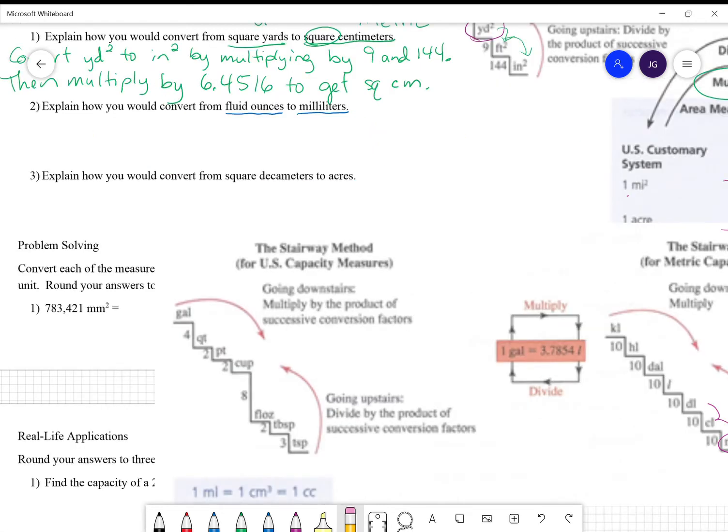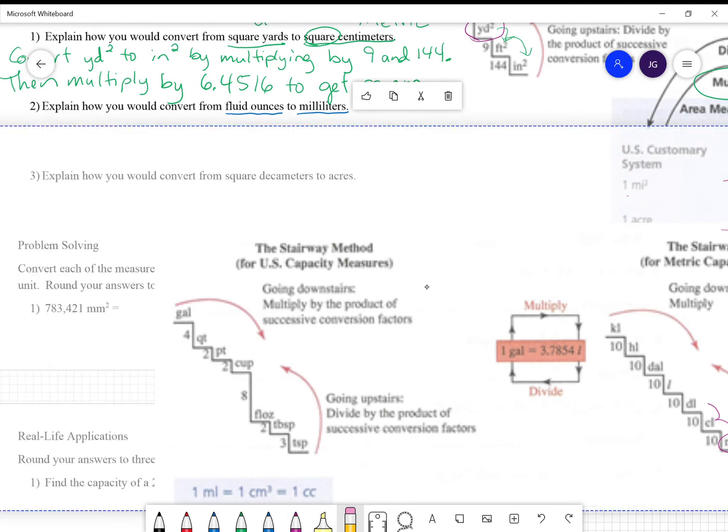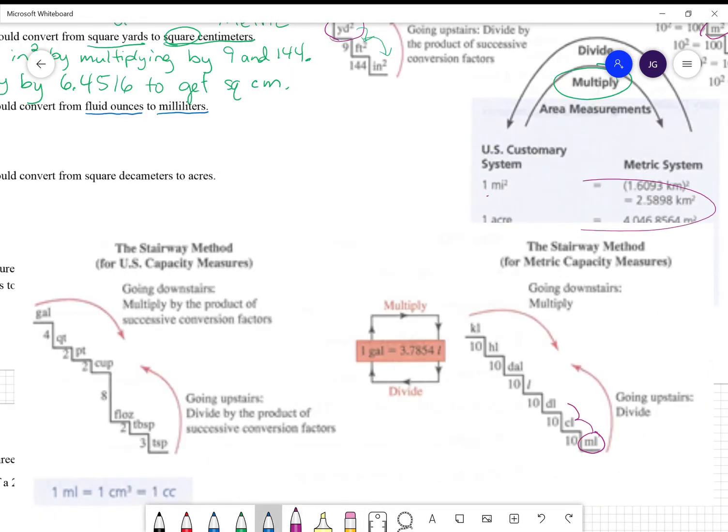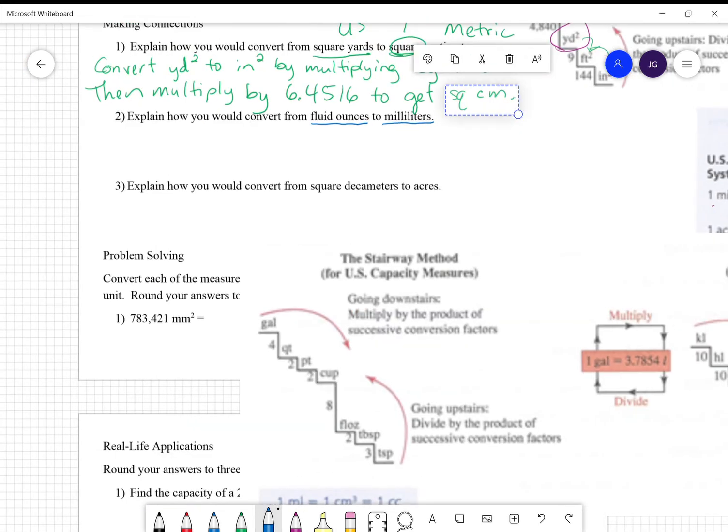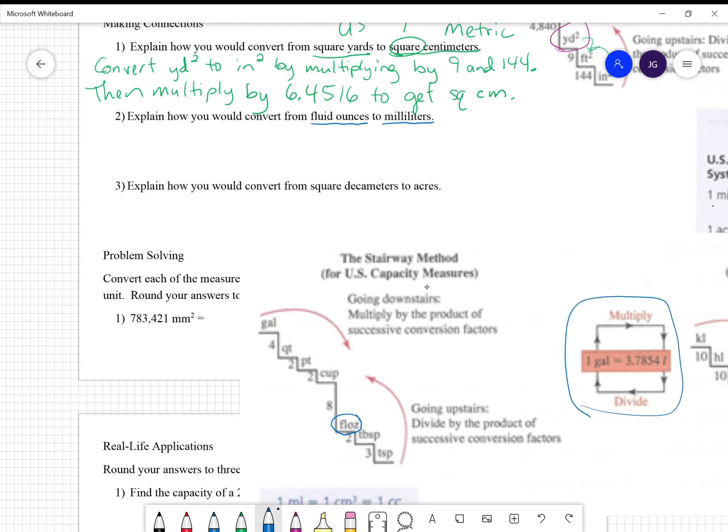Okay, so fluid ounces is right here. I want to go to milliliters, so I have to go through this. So I have to get to gallons. So I'm going to go up 1, 2, 3, 4 steps to get to gallons.